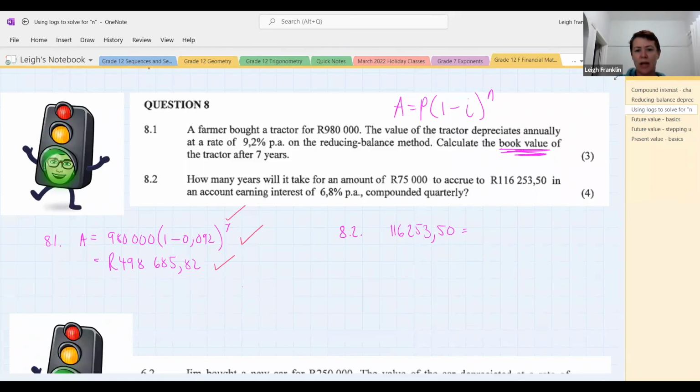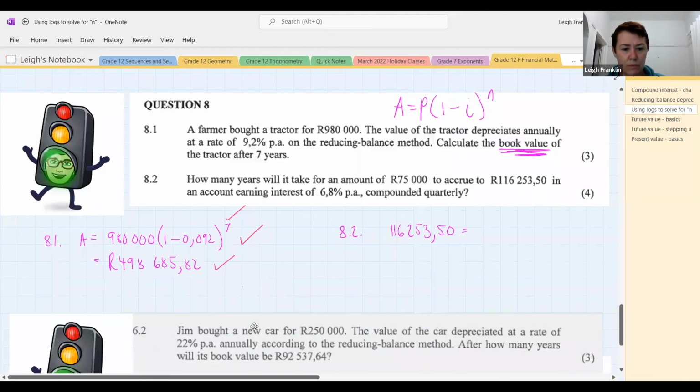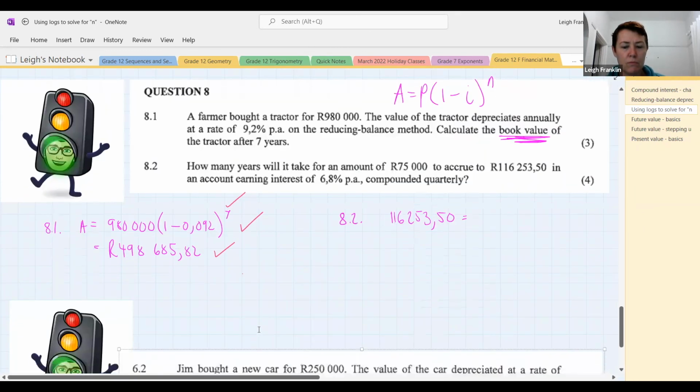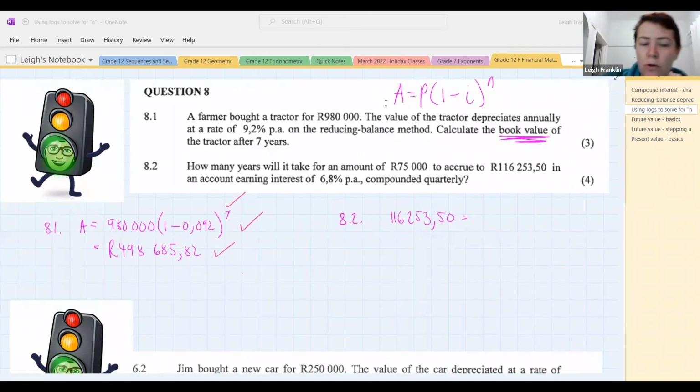All right, turn your attention to 8.2. This is what we've been doing this lesson. How many years is it going to take? Okay, Neosibirko is giving you a negative answer.